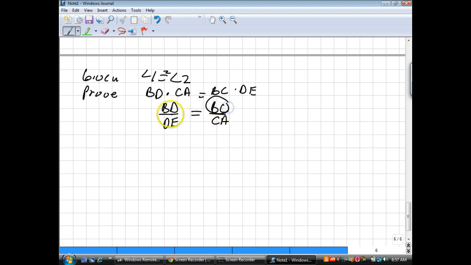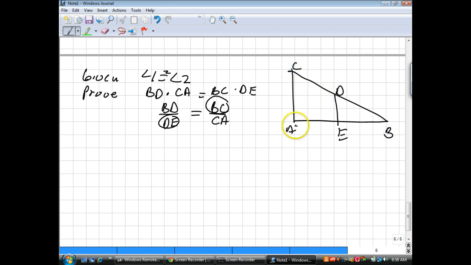These two can change places, but that's basically where it came from. And we have this picture. Okay, so this is A, this is E, this is B, this is D, this is C. This is angle 1 and angle 2. Actually, let's go ahead and change these, because I think that's going to work out better. We could do it later, but let's just do it now.